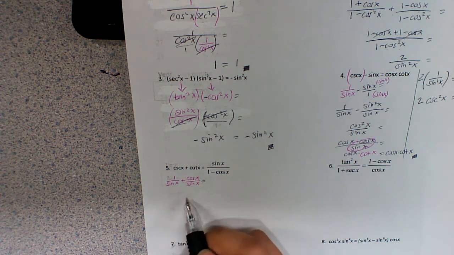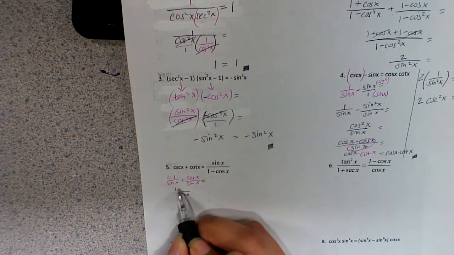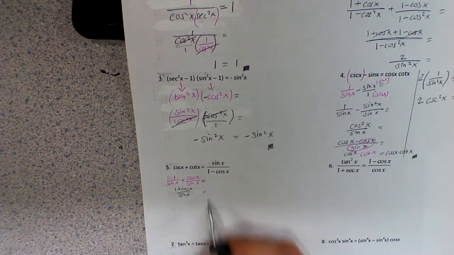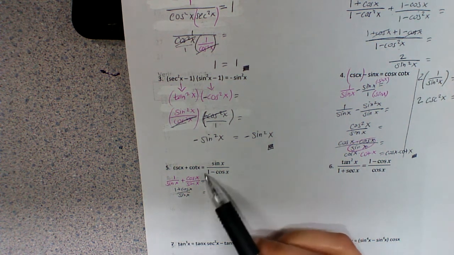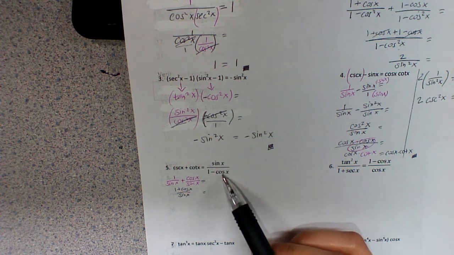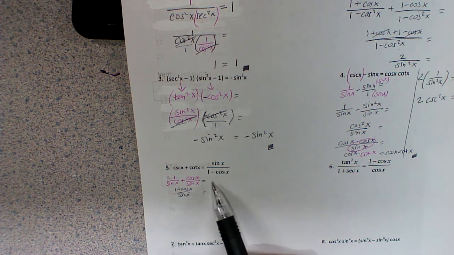So really I can keep my common denominator, which is sine of x, and add the top, so 1 plus cos of x, just like that. Now at the end, I need to have almost like the flipped version of that, and of course that plus should be a minus, but I do need a 1 minus cos at the bottom.